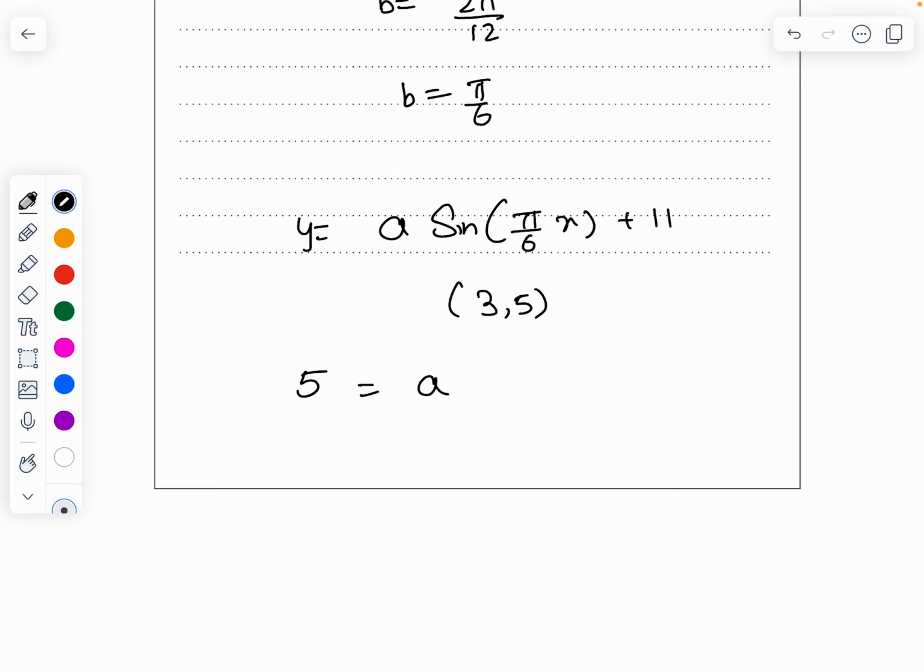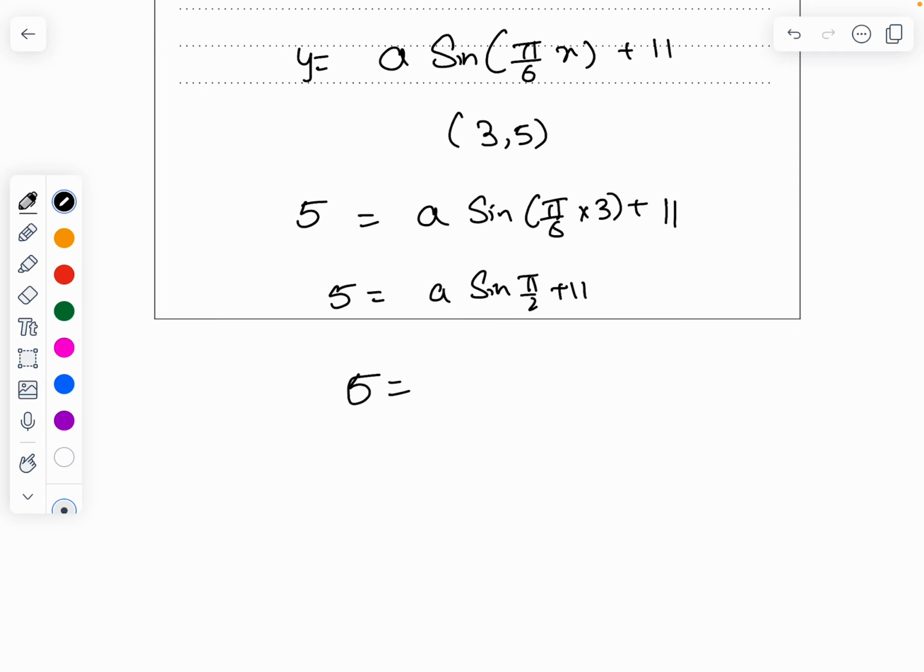So a sine of pi by 6 times 3, plus 11, which gives me 5 equals a sine pi by 2 plus 11. Sin pi by 2 is 1. So 5 equals a plus 11. So a equals negative 6.